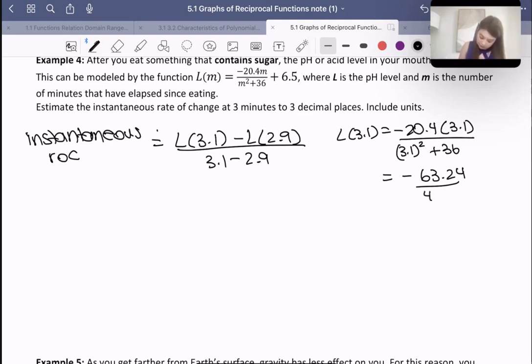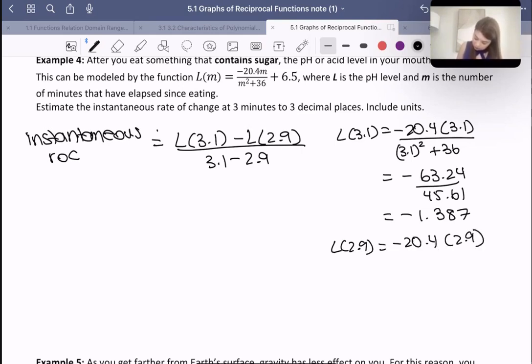That's 45.61. Divided by 45.61, it's equal to negative 1.39. Or wait, they said 3 decimal places, so negative 1.387. Okay. And then L of 2.9, that's going to be negative 20.4 times 2.9 over 2.9 squared plus 36.